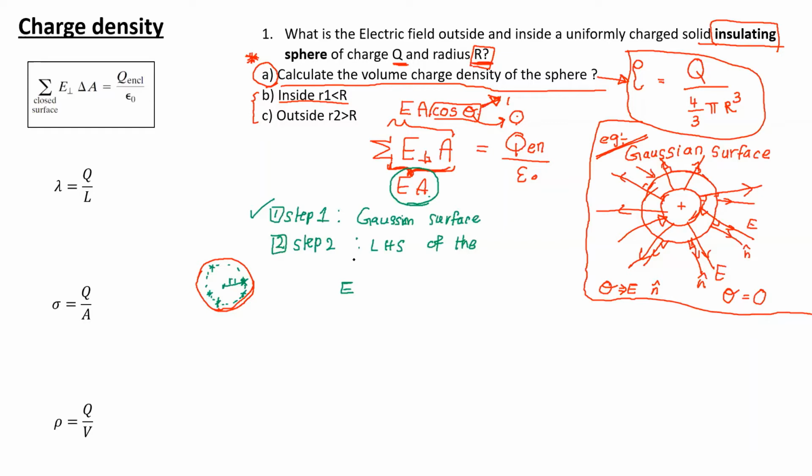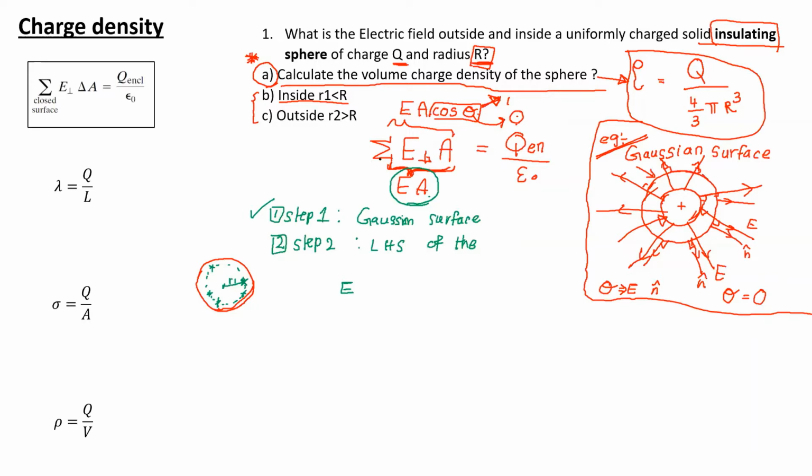Area of what? Area of the sphere. Which sphere? Is it the Gaussian sphere or the big sphere, the one in red? Yes, Gaussian sphere. So it's not the big sphere. It is the Gaussian sphere.